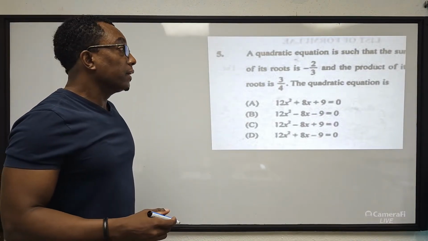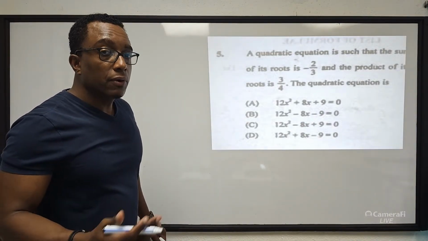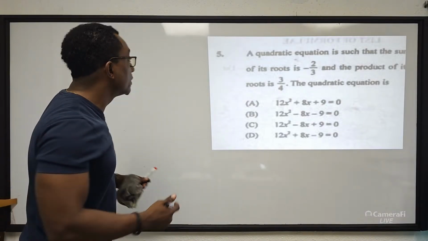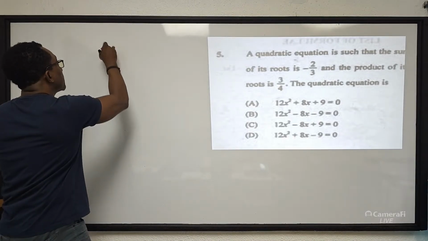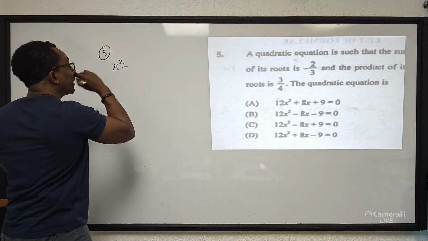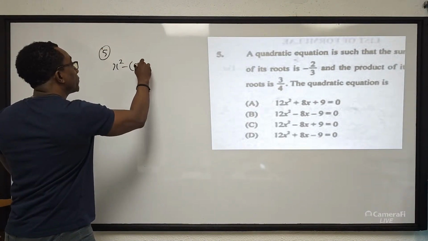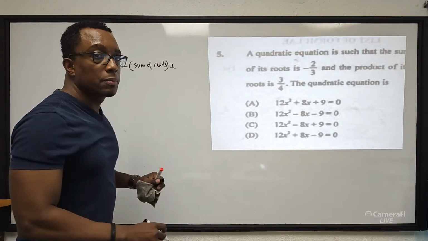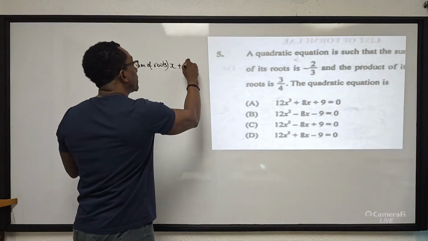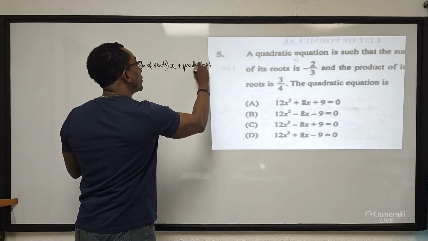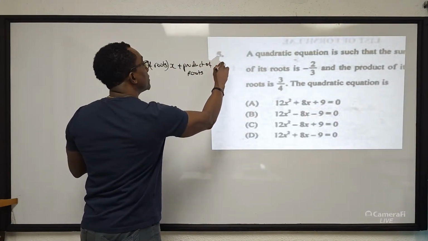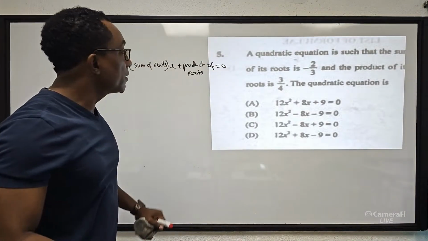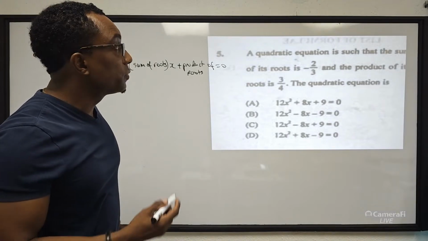So when it comes to finding the quadratic equation for roots involving alpha and beta, we just need to know the standard equation, which is x squared minus the sum of roots times x plus the product of roots is equal to 0.